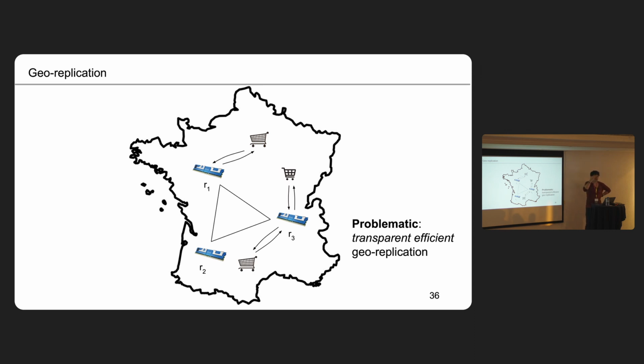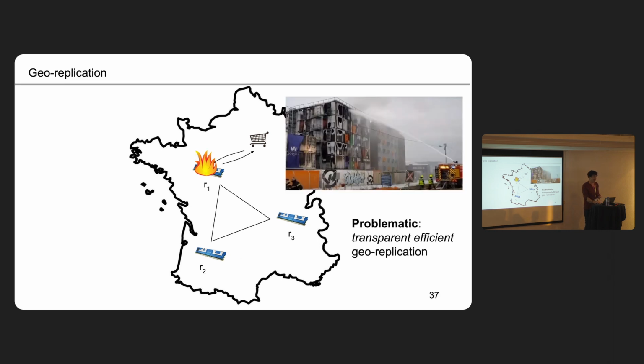So the problem we want to address is to have transparent, efficient geo-replication. Because when you are a programmer, you don't want to deal with replication of the data by hand. You want everything to be transparent, okay? And moreover, you want everything to be robust also.